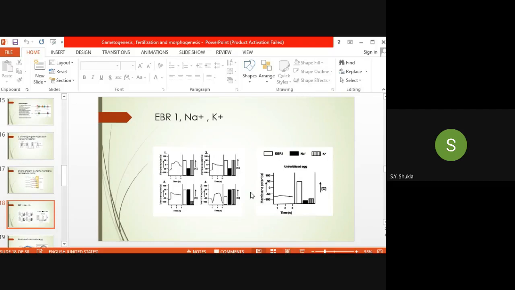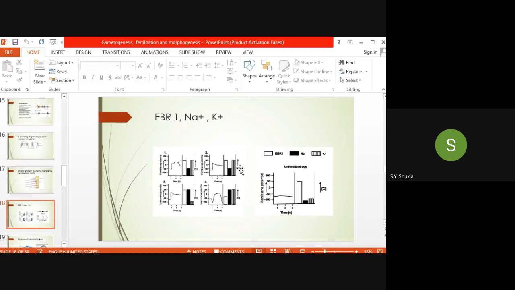What happens in a fertilized egg? With regard to the EBR receptor 1, sodium ion and potassium ion, how can we identify it easily? Now, no, this graph is for the fertilizing.